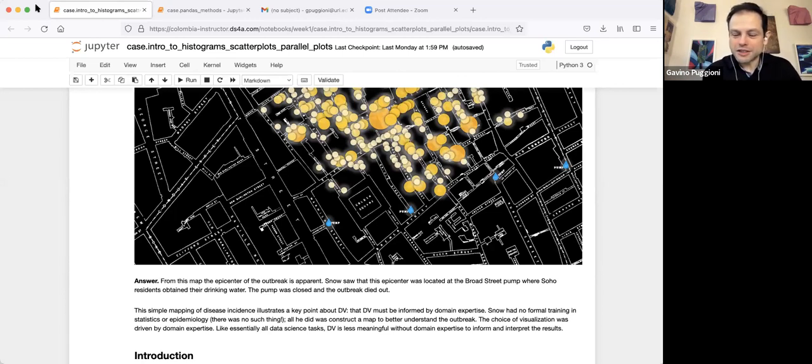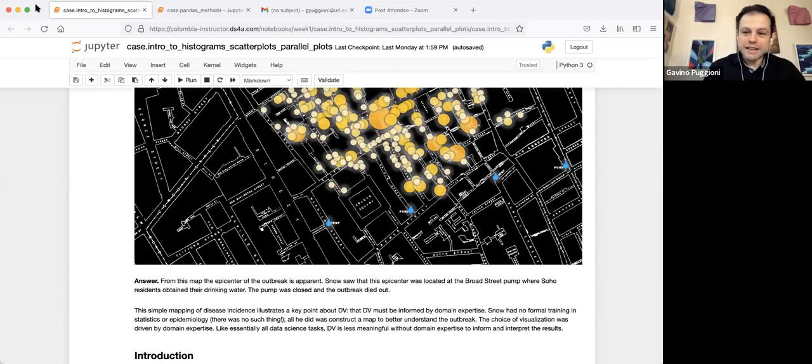was greatly contained. So notice that John Snow was not a data scientist, a statistician, or an epidemiologist. At the time, these disciplines were still yet to be developed. However, he knew how the disease spread.